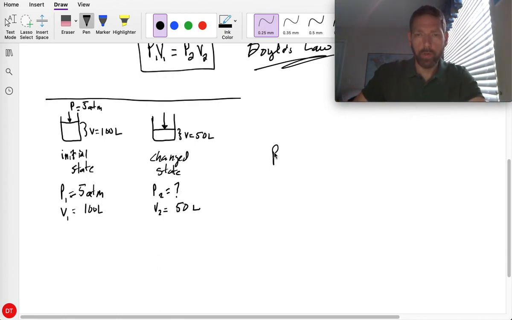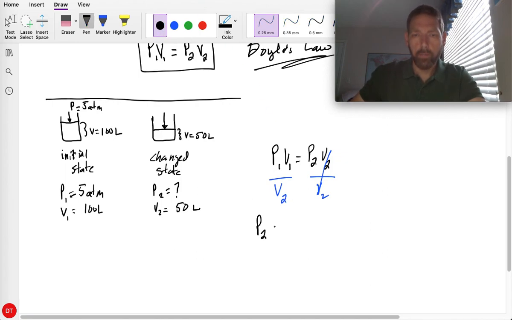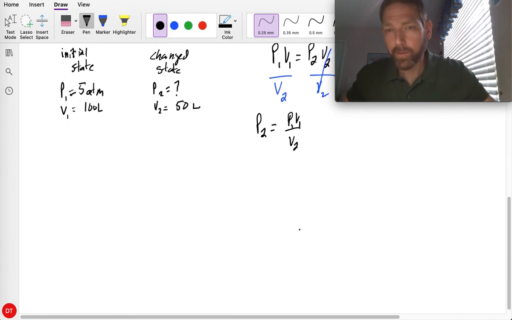So go to Boyle's law. We've got P1V1 equals P2V2. We're solving for P2. So here we just do basic math like your algebra teachers taught you. And so we see that we get P2 equals P1V1 divided by V2. This is basic plug and chug math.